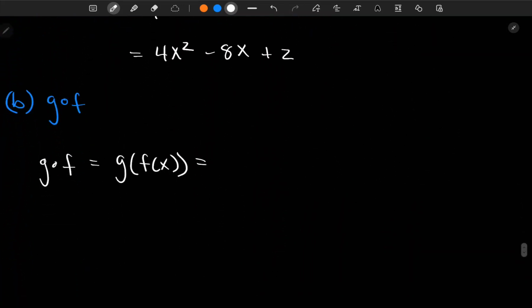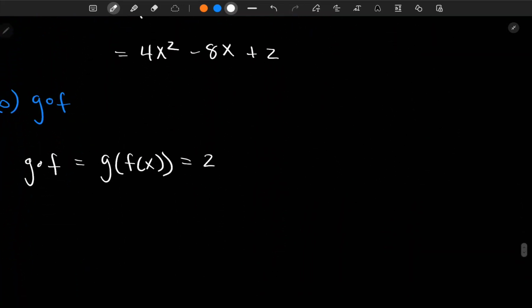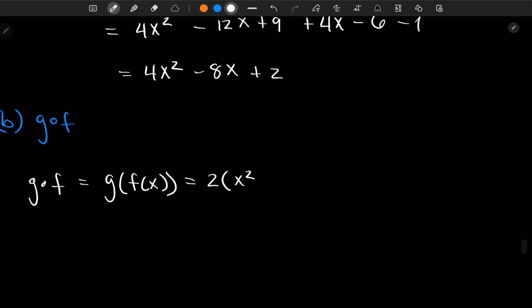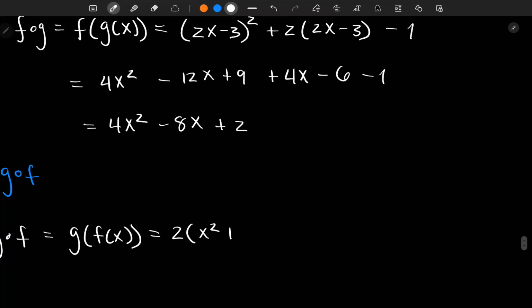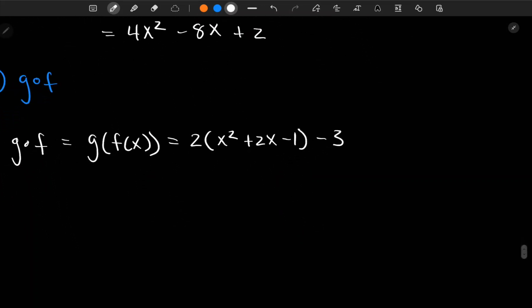So we have 2 of x squared plus 2x minus 1 minus 3. And expanding this out, we get 2x squared plus 4x minus 2 minus 3. So this just becomes minus 5, and that is the function composition.